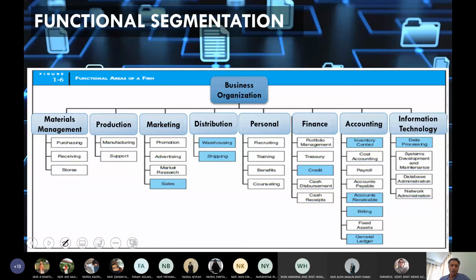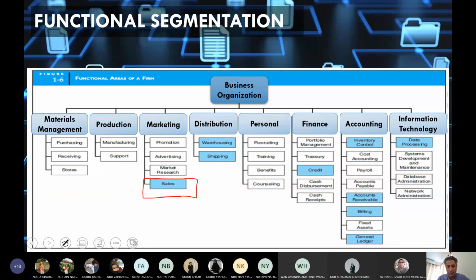Okay, so in this example, we have a sales transaction. If we have a sales transaction, it will come first from the marketing department or marketing function.